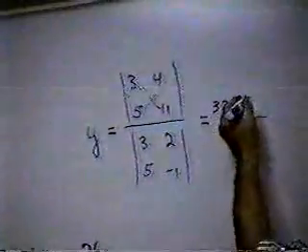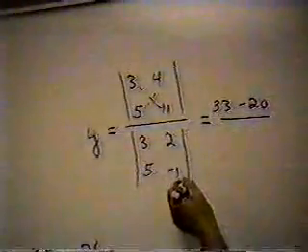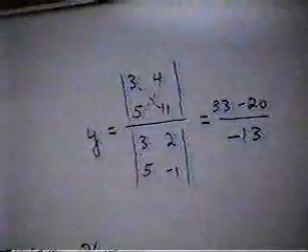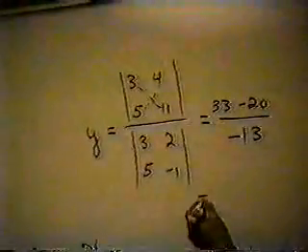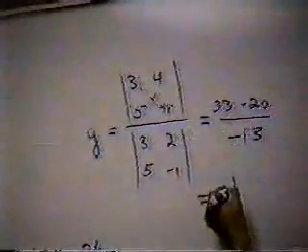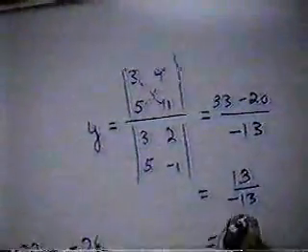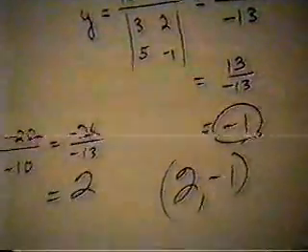We change the sign to a negative 20. And now why do we do this again? We don't have to. We already solved this. This denominator was a minus 13 when we did the x. So what do we have here? We have 33 minus 20 is 13, divided by minus 13, and so we get a minus 1. So the solution is x is 2, y is a minus 1.